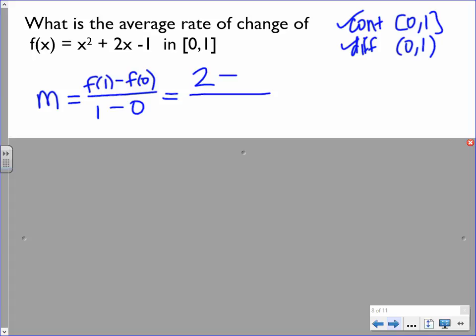Minus what's the function value at 0? Negative 1, right? Over x minus x. Y minus y over x minus x. Our average rate of change is 3. The slope of the secant line is 3.